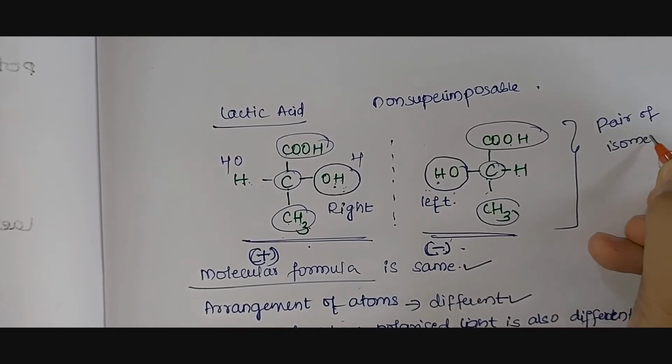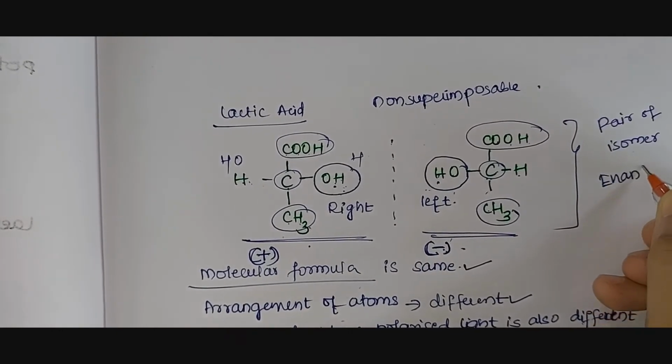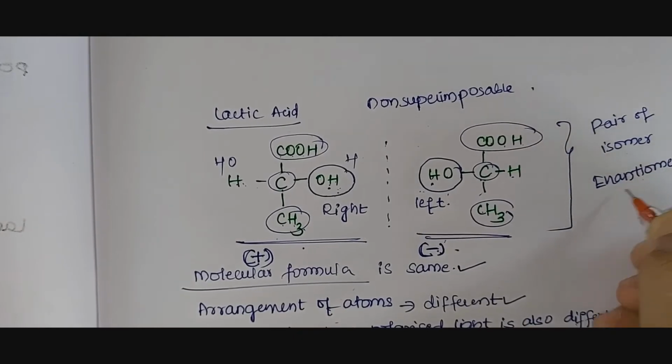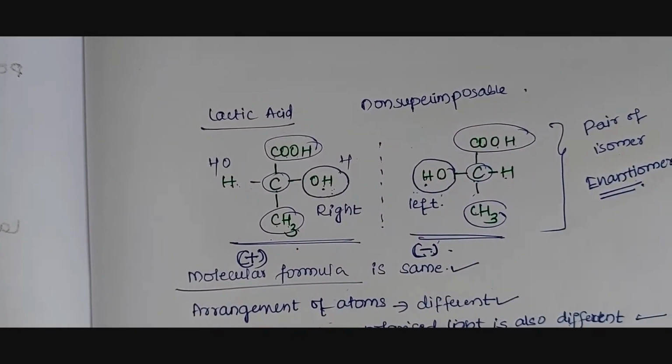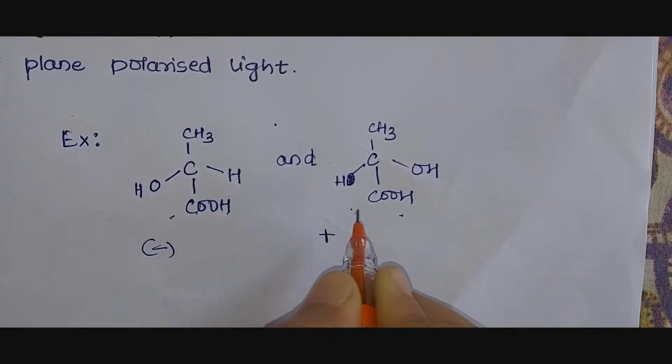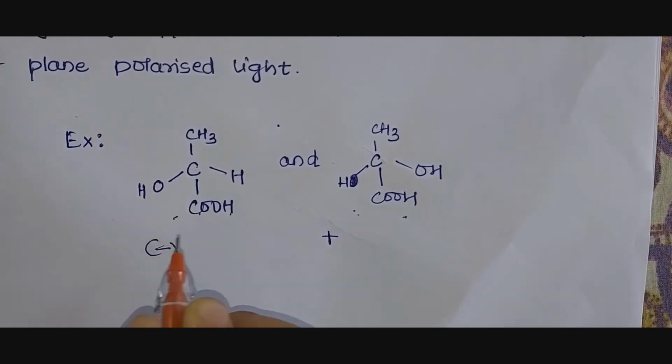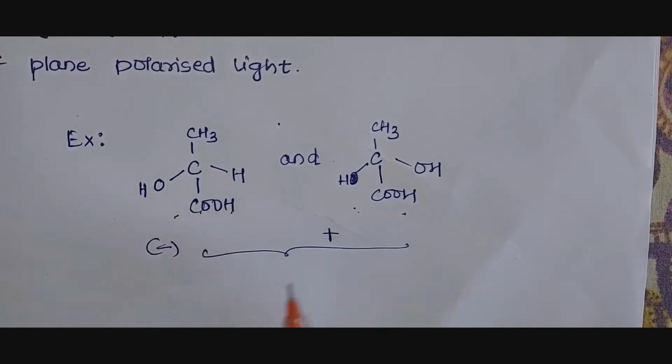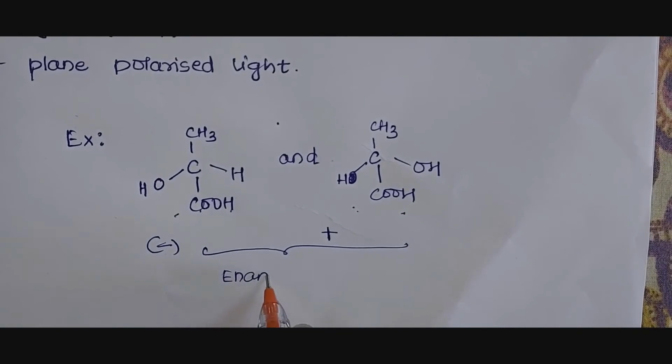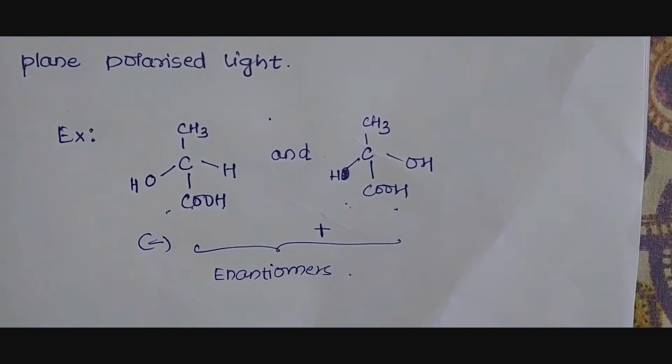That is, a pair of isomers which have non-superimposable mirror images and are optically active, we call them as what? Enantiomers. So consider the examples here. One of them will be levorotatory and the other is dextrorotatory, and this pair of isomers which are optically active we call them as what?